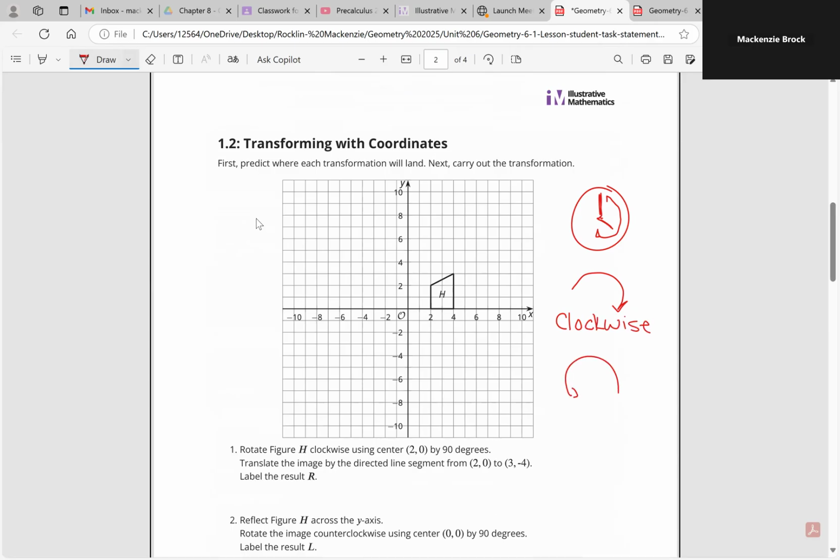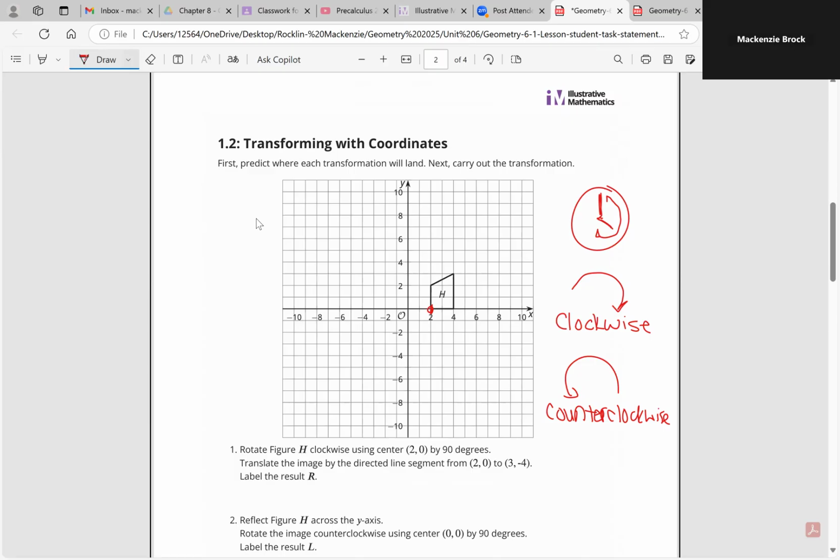So this way would be counterclockwise. All right, so rotate the figure clockwise using the center (2, 0), which is this right here, which is going to make it easy. By 90 degrees, translate the image by the directed line segment (2, 0) to (3, -4).